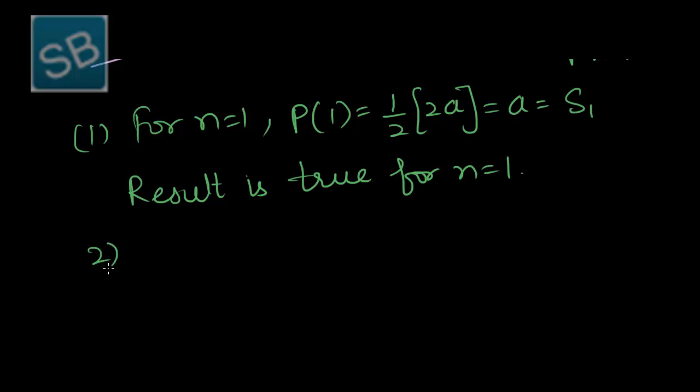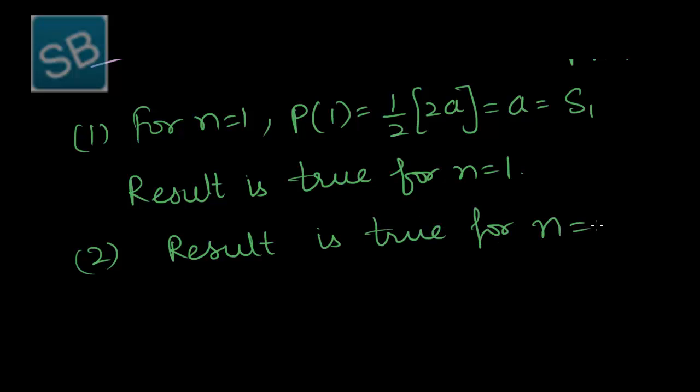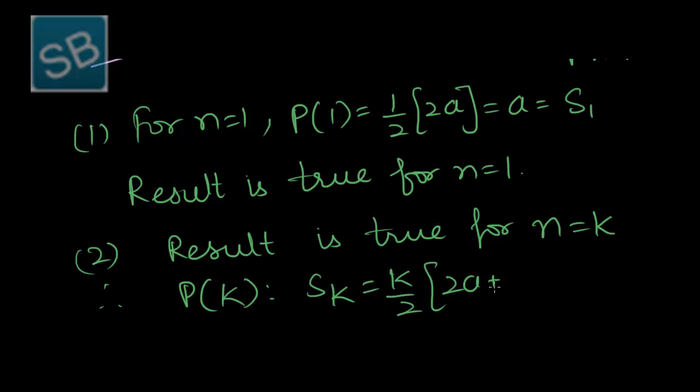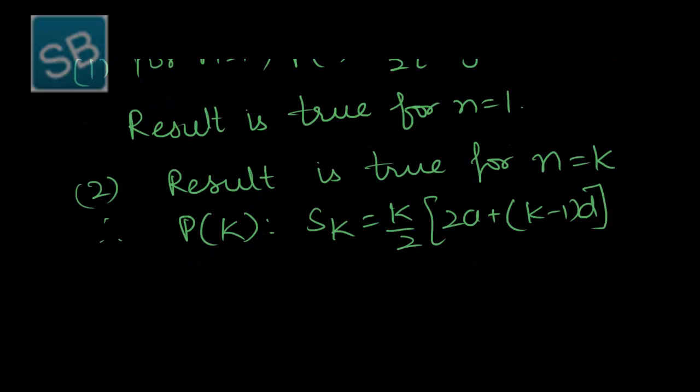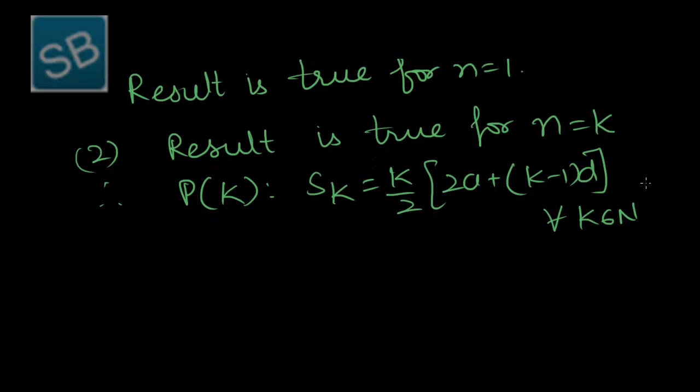Now let us assume the result is true for n equal to k. Therefore, P(k), that is S(k), is equal to k by 2, (2a plus (k minus 1)d) for all k belongs to N. So the result is true for n equal to k.